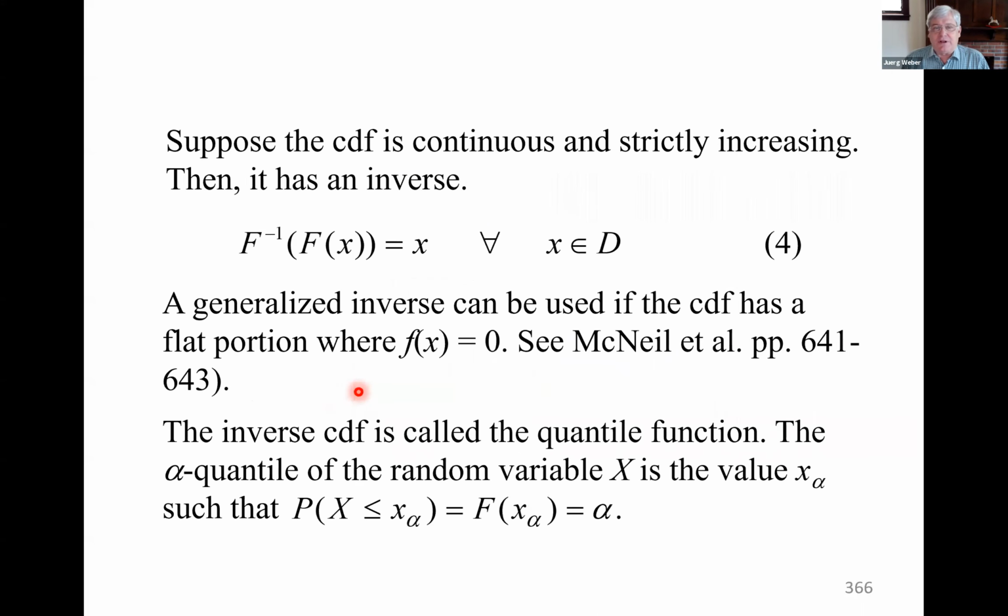Now, let's suppose the cumulative distribution function is continuous and strictly increasing. In that case it has an inverse. So we have here the CDF, and let's assume it is strictly increasing and continuous, then it will have an inverse. Okay, so F of x, you take the inverse, you're back to x, for all x in the domain of the function.